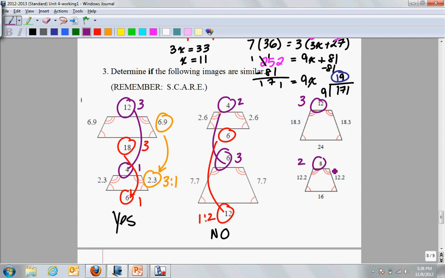So this is a 3 to 2 ratio. 24 to 16. 8 goes in there 3 times, 8 goes in there twice. That is a 3 to 2 ratio. This is also a 3 to 2 ratio. So the answer for this was a yes.